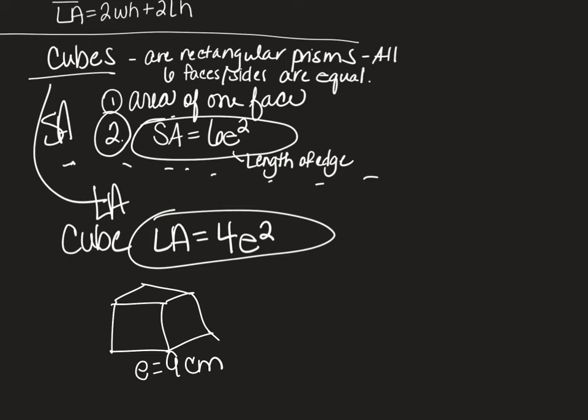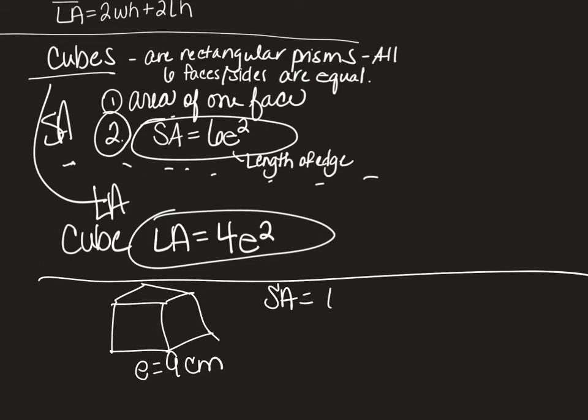All right, so the first thing we're going to find using this is the surface area. Now, again, our surface area formula is SA equals 6E squared. Okay, hold on. So then you're going to substitute.